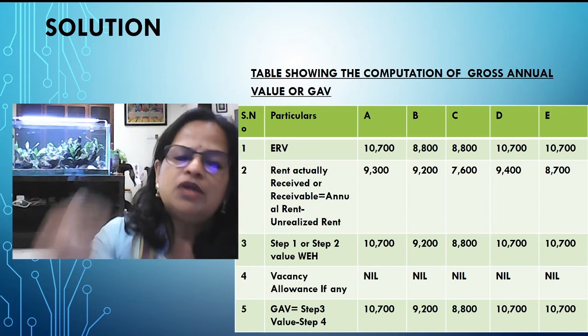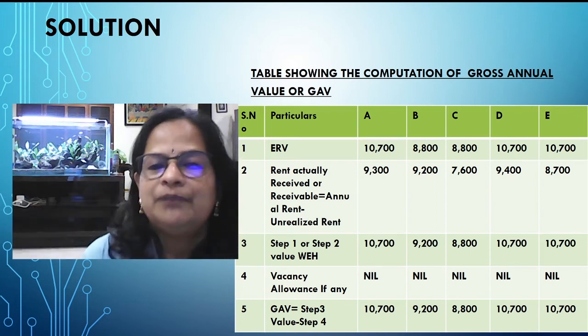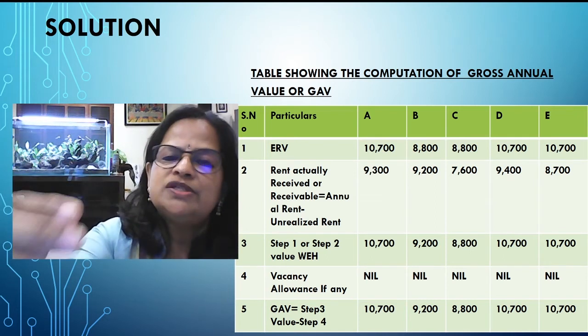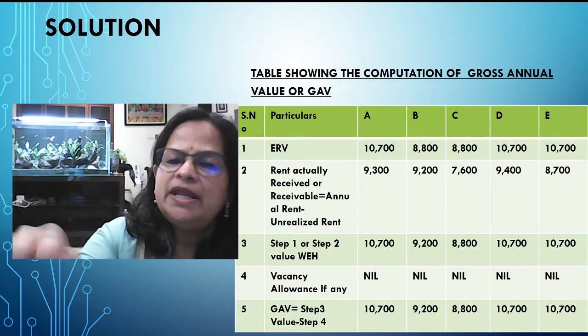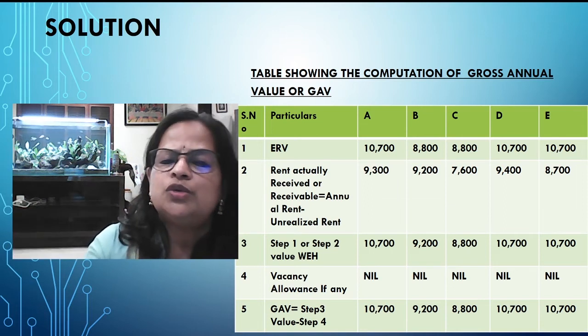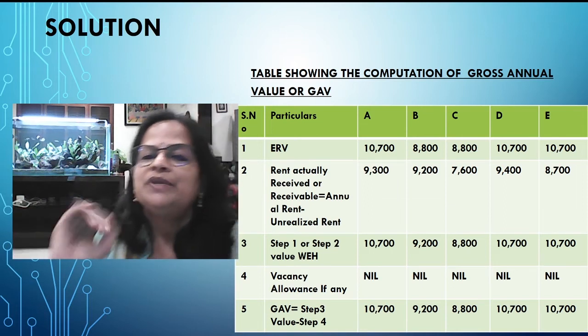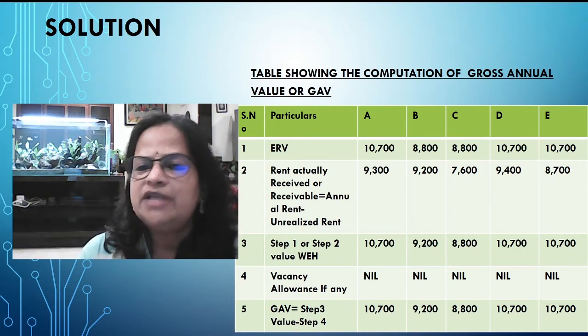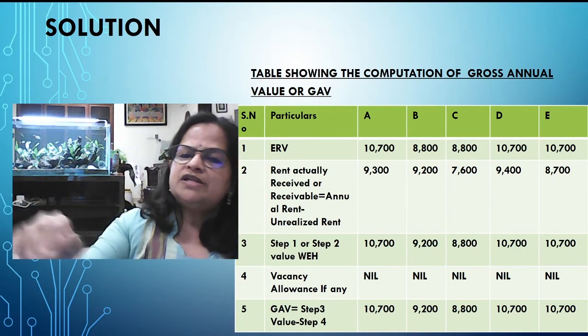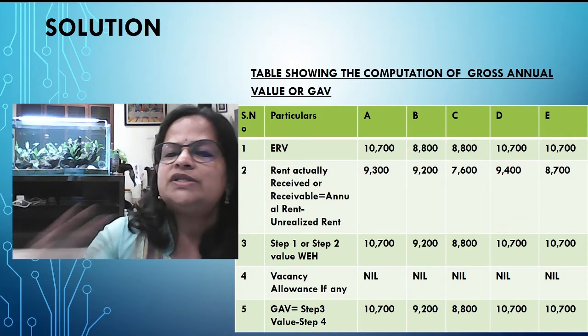Now the step 1 or step 2 value, whichever is higher. So compare those values: 10,700 or 9,300, 10,700. Next is 8,800 or 9,200; it's 9,200. Next is 8,800 or 7,600; 8,800. Now 10,700 or 9,400; 10,700.